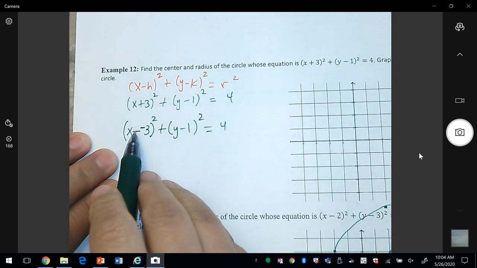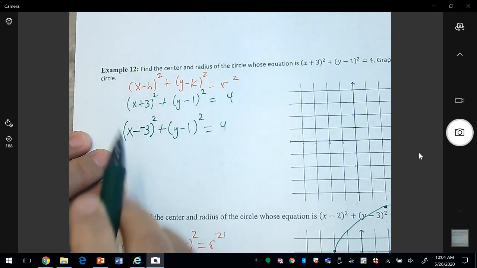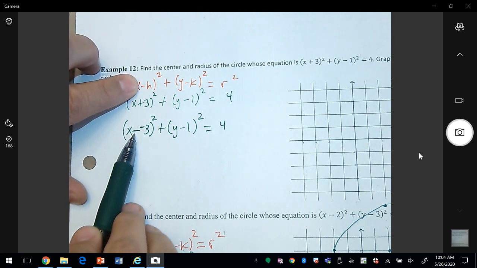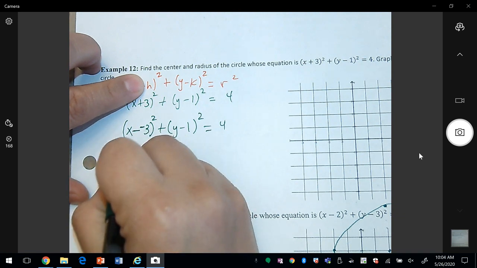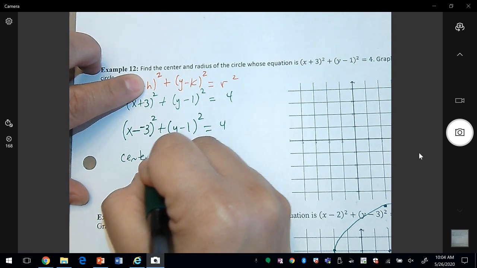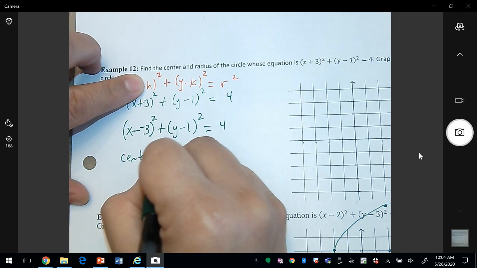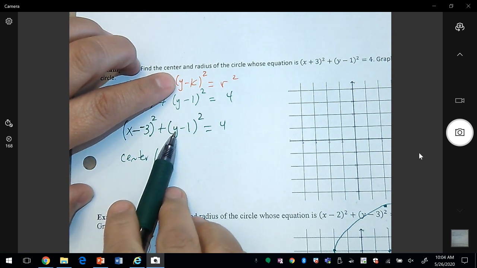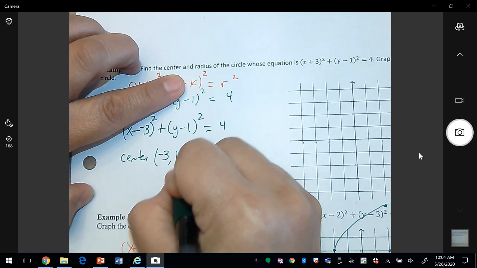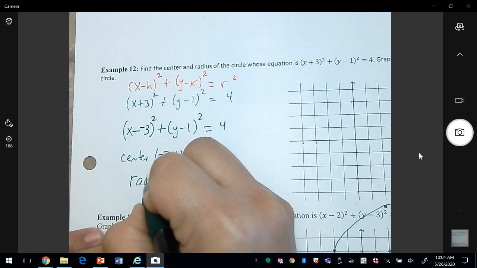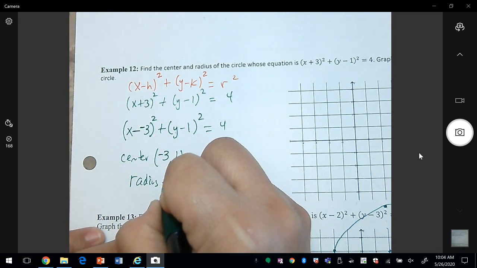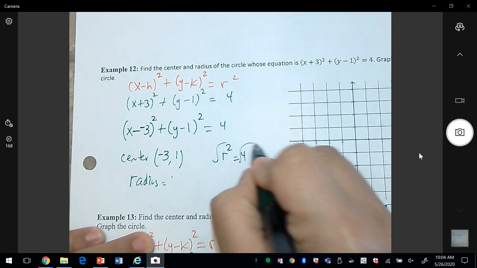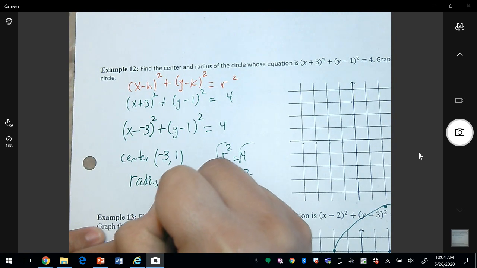And notice that negative negative is still that positive 3. By doing that, then I have x and x, minus and minus. So that means that h is going to be negative 3. And then for the y, we have y and y minus, okay, k is 1. And then the radius: r squared is equal to 4, take the square root. So r is going to be 2.